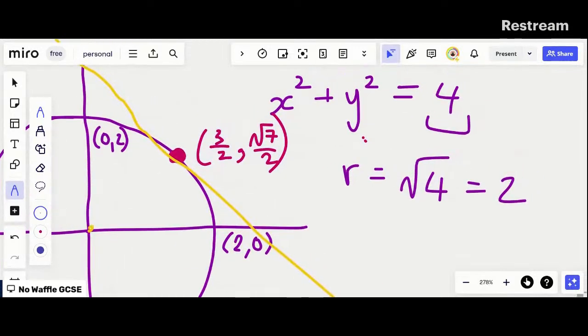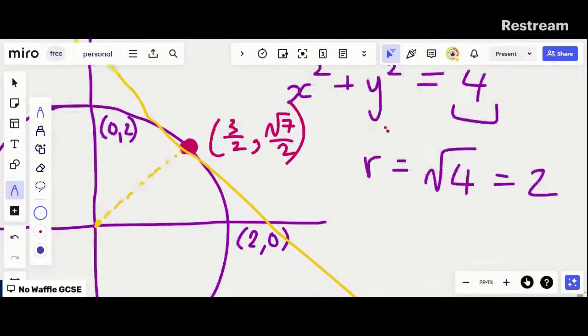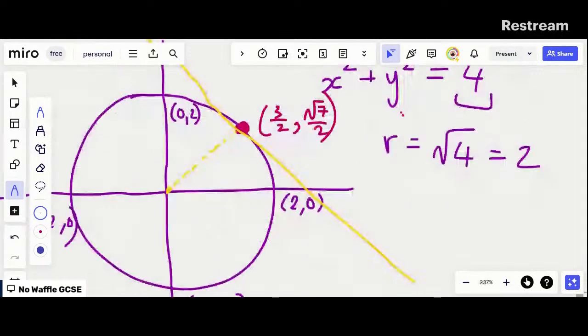So notice that what we can do is find the gradient of the radius up until that point. And then since they are perpendicular, it makes right angles, so the gradient is going to be the negative inverse. So let's start with finding out the gradient of this line here.